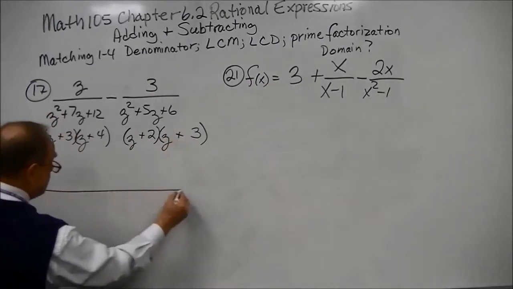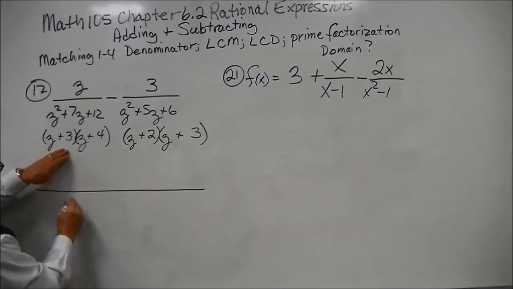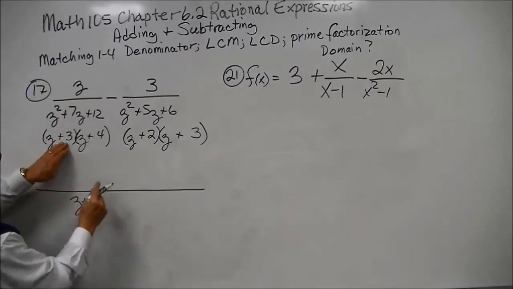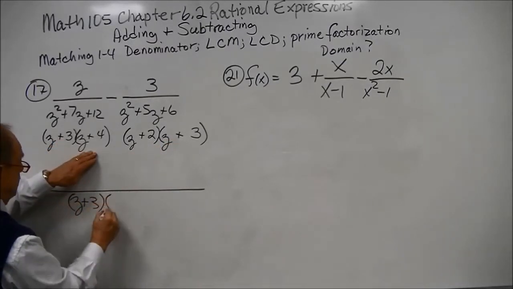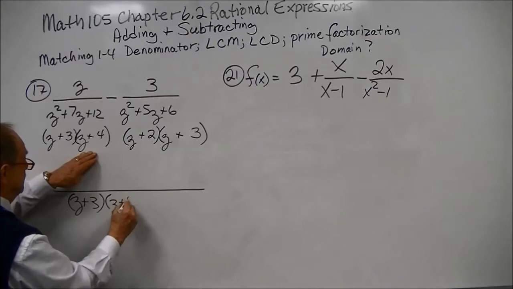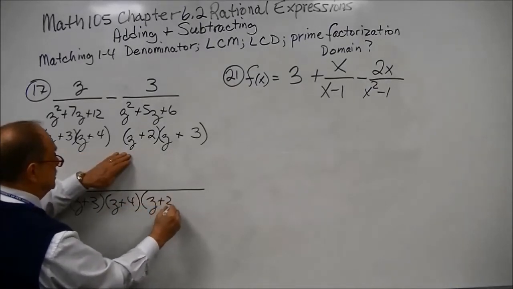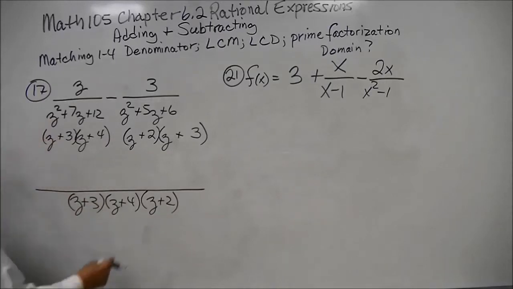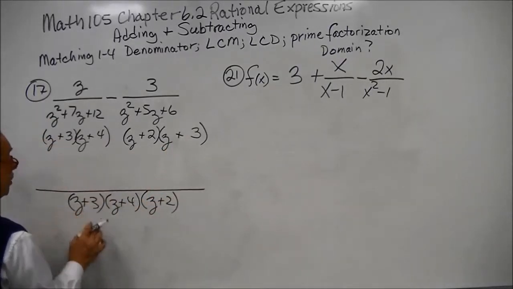So my lowest common denominator then, I'm going to need a z plus 3. I'm going to need a z plus 4 and a z plus 2. Now, since the z plus 3 is already there, I only need one of them.